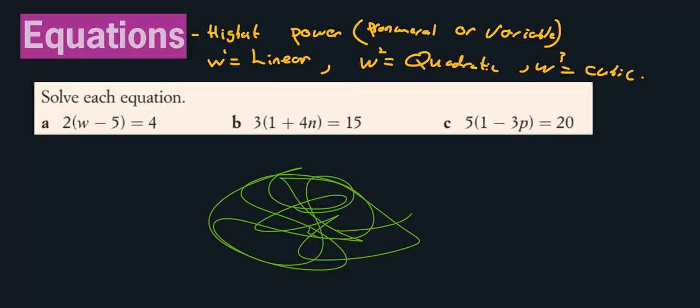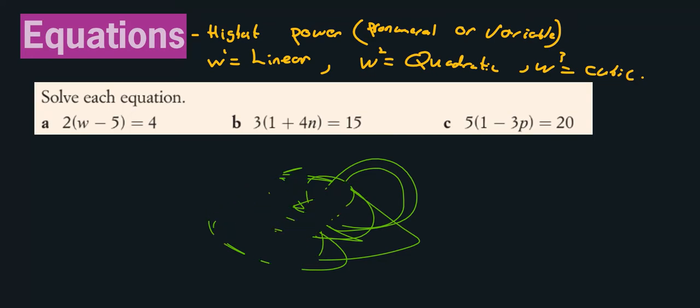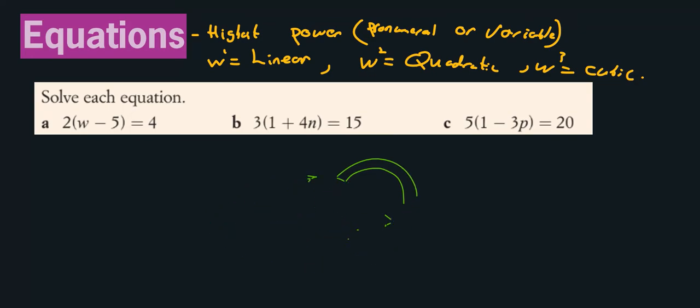So for instance, if we go around like that, the reverse operation is to go the opposite way to unpick this mess. And that's effectively what we do with equations. We need to unpick and use reverse or inverse operations to get x equals.